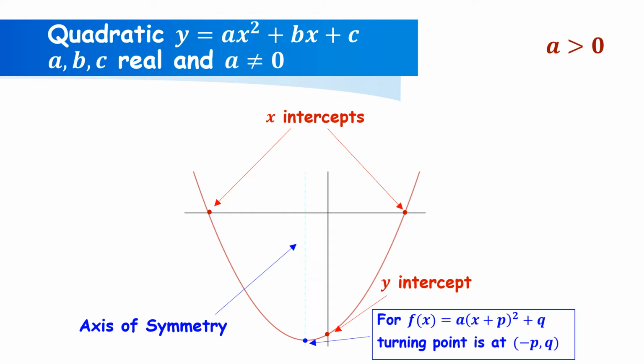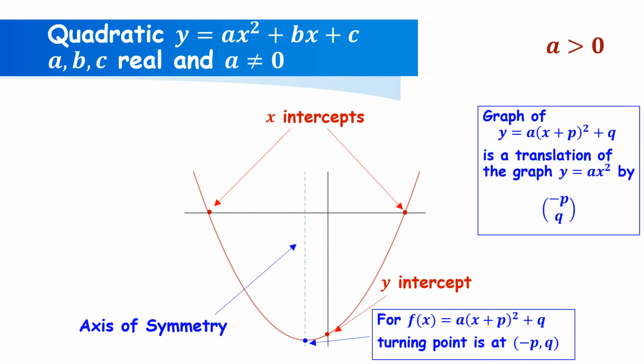Now for the turning point, we need to consider the function in the form a times x plus p all squared plus q, and the turning point will be at minus p comma q. The graph of this function is a translation of the graph y equals ax squared by the vector minus pq.